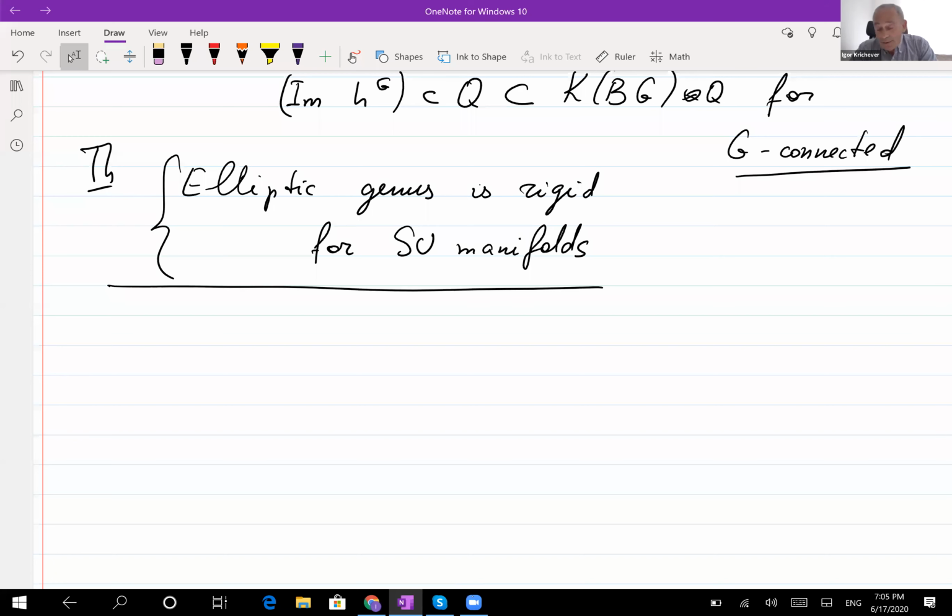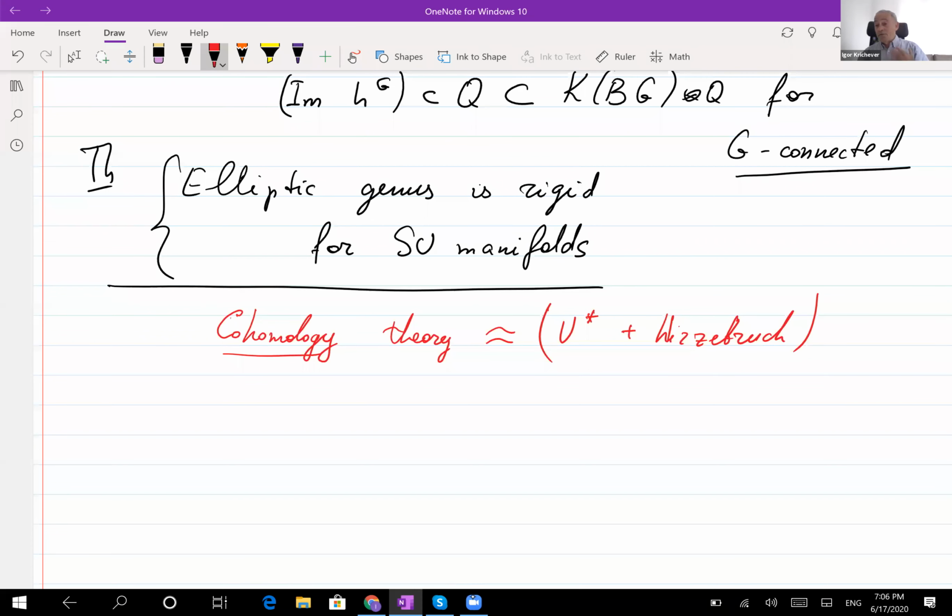So as a good approximation, this is my point of view: instead of a theory, you just consider a pair. For me, a homology theory, approximately, it's not an exact statement, is unitary cobordism plus a multiplicative Hirzebruch genus. And that is very tractable, and effectively you can compute all objects you need, using only cobordism that is well-defined and easily computable, and a genus, which is also computable.